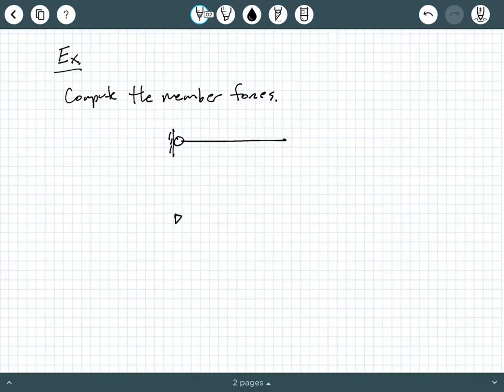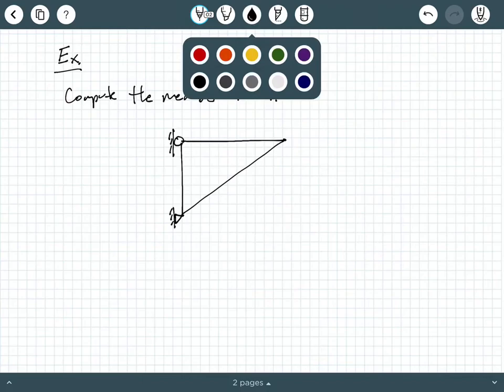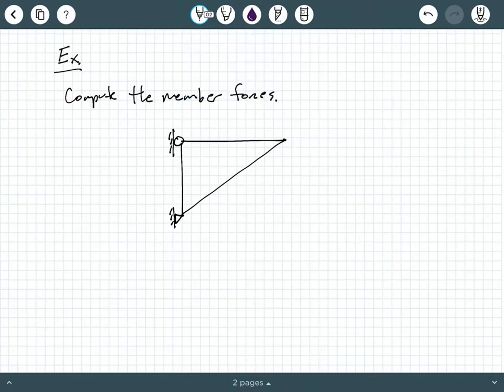And so here we're gonna have a roller oriented in a vertical direction. And then here we're gonna have a pin. And draw this a little nicer. There we go. And we're gonna make this top dimension 2 meters.